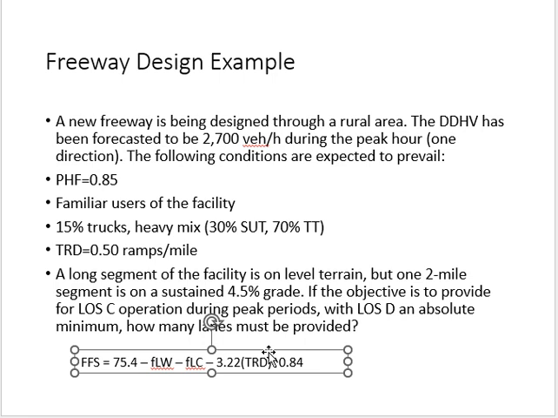This is the equation to find out the free flow speed. Now here I have a couple of factors. The first one is the factor for lane width, the second one is the factor for lateral clearance.